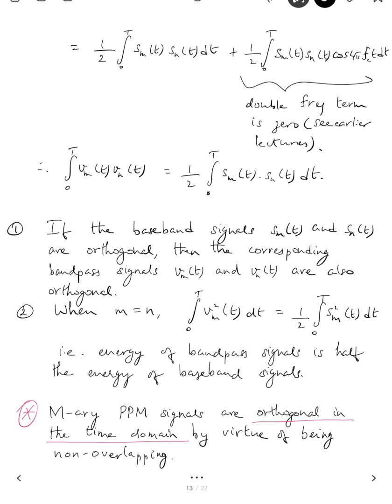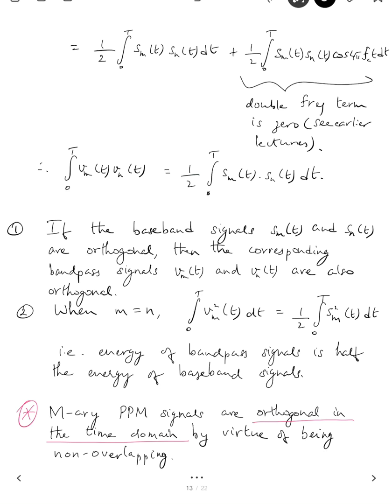And the other fact is that when the signals are the same, the energy of the bandpass signal is half the energy of the baseband signal. Okay, so since our PPM signals, which we discussed in the first part of this session, are orthogonal, the resulting bandpass signals would also be orthogonal.